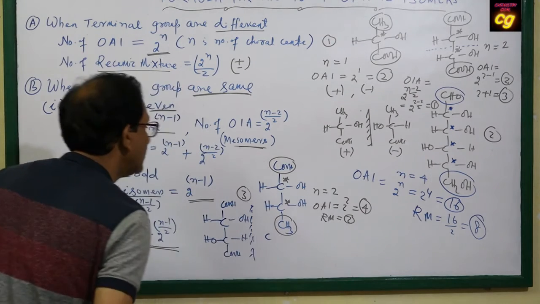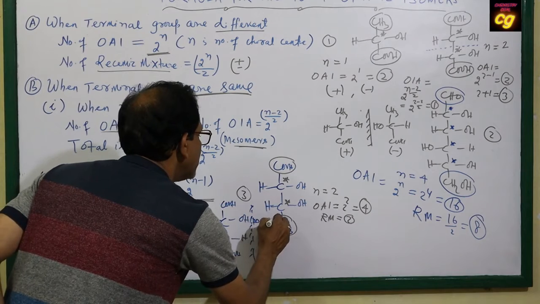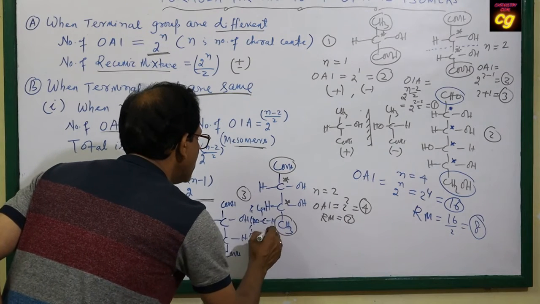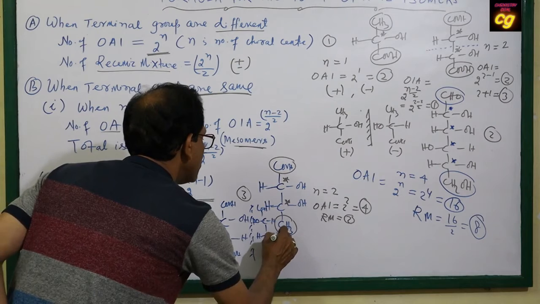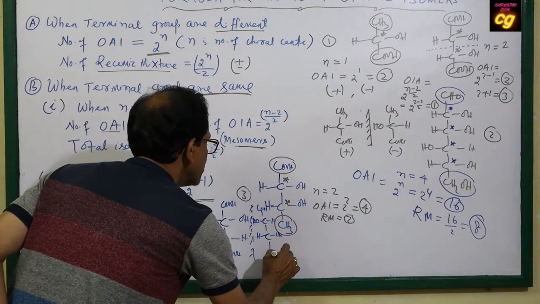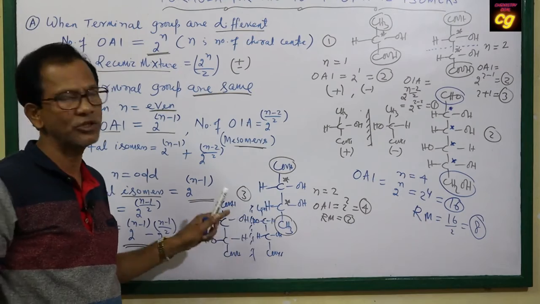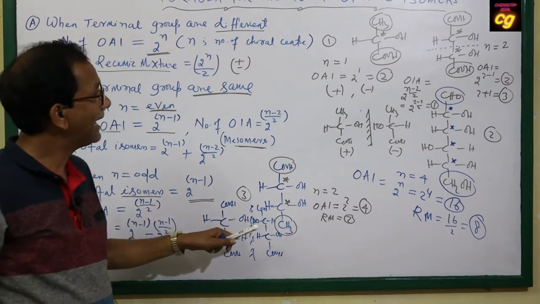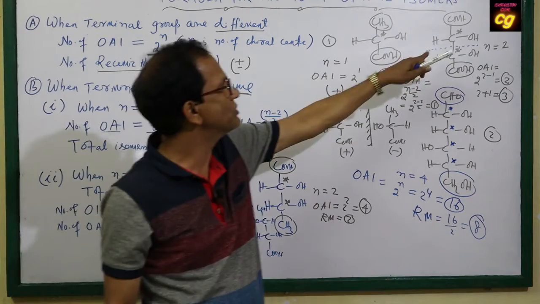Here OH, H and COH, then here H, OH, then COH, just opposite. These two structures are just opposite. So this is the optically active isomer and this is the meso compound.